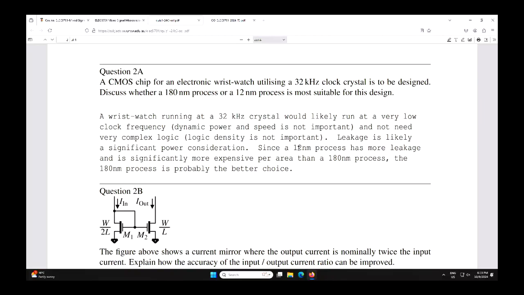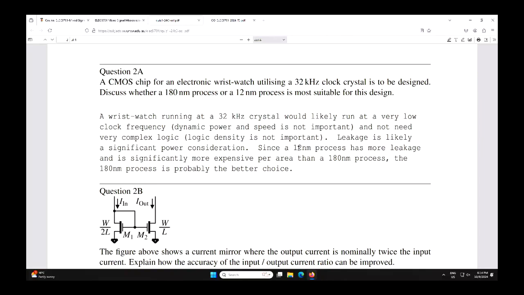If we use the subthreshold region in 12 nanometer, would the power consumption be better? No, it'd be worse, because in 12 nanometer the leakage is going to be much worse.